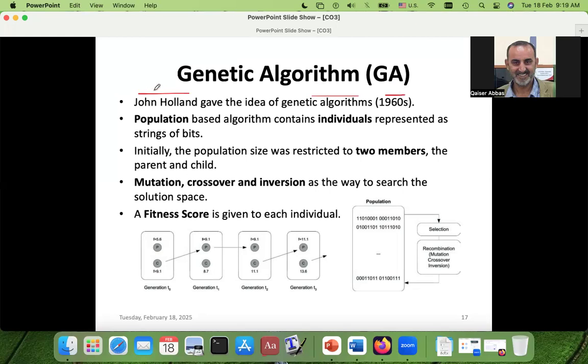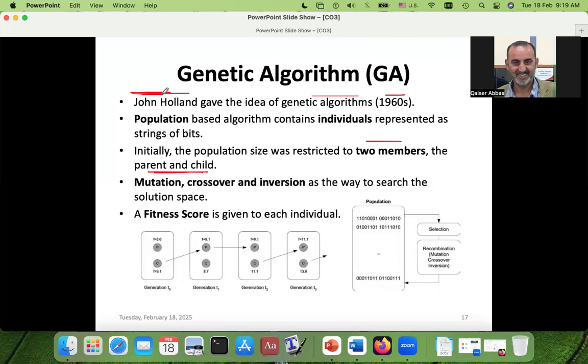Initially, this person in biology took only two members, like mother and father, or like parent and child.